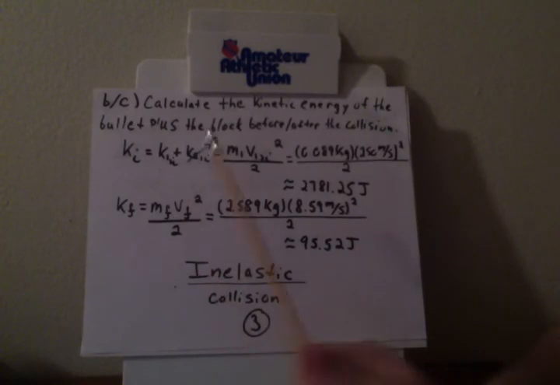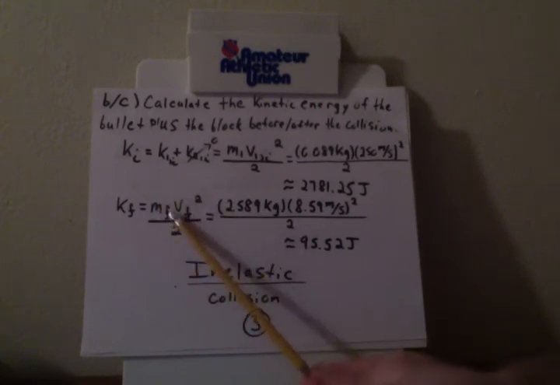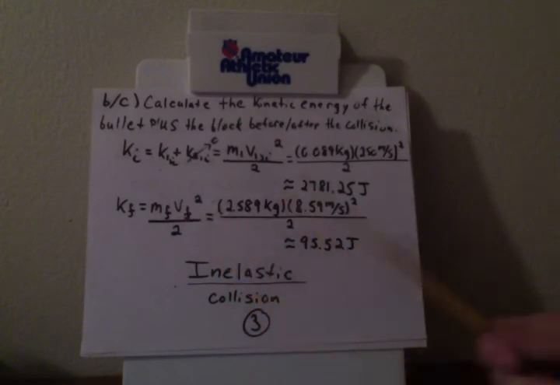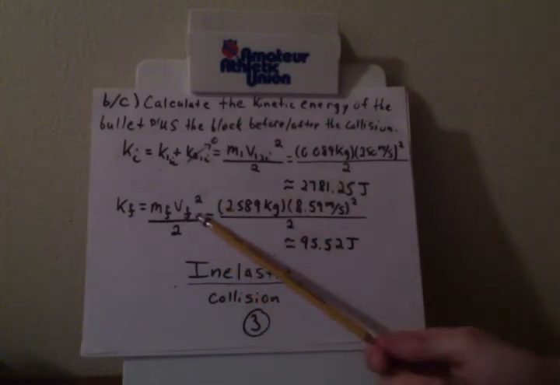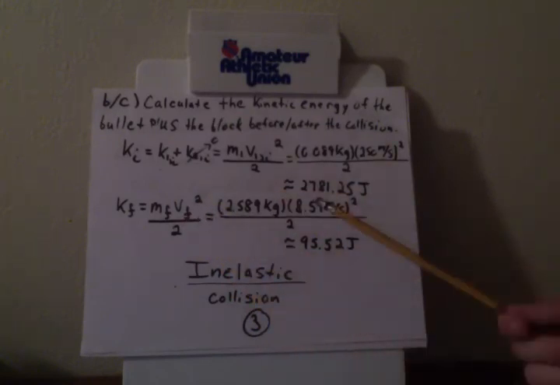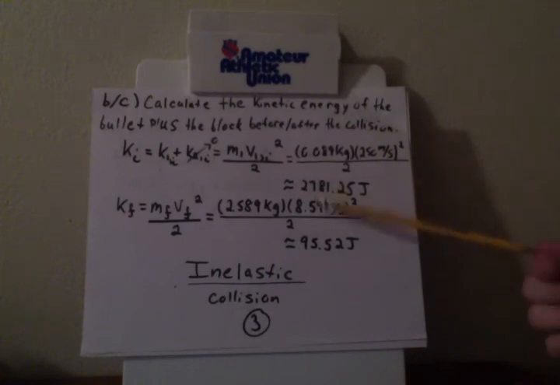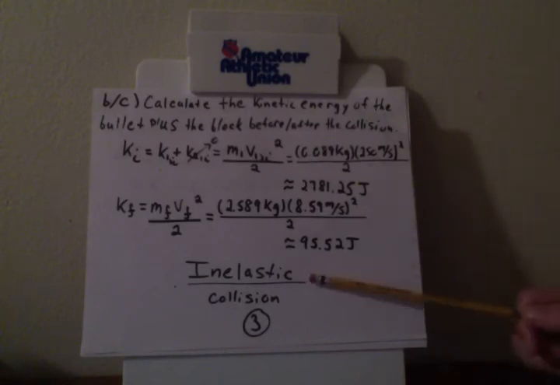But because we're dealing with the final kinetic energy of that one object, here's the mass of that new object. Here's the velocity. And the velocity is that value we found in the last problem. Plug everything in, and here's our answer. And just because these two answers right here don't equal, we can conclude that this is an inelastic collision.